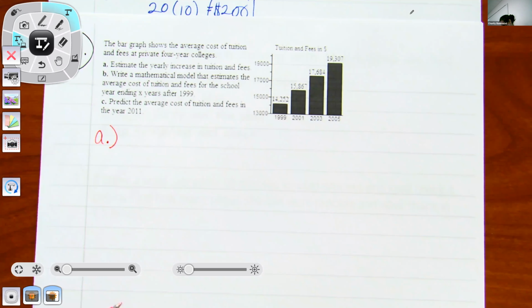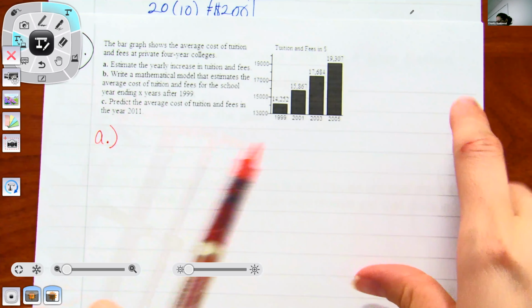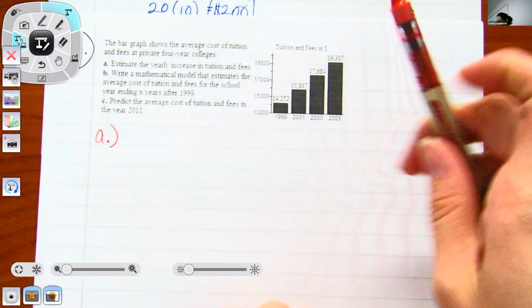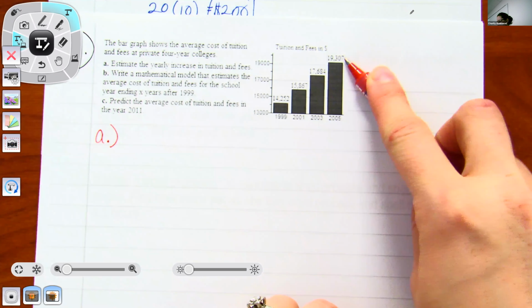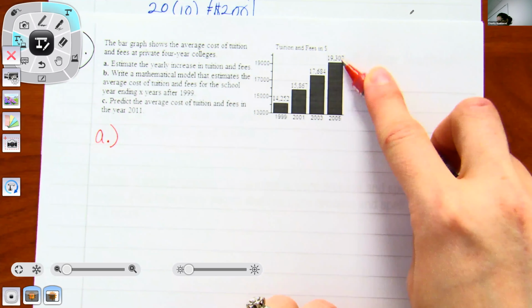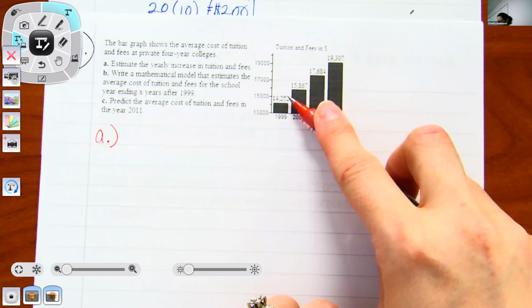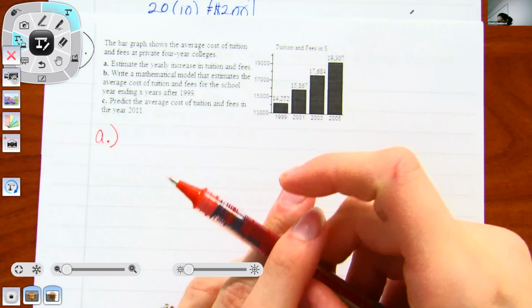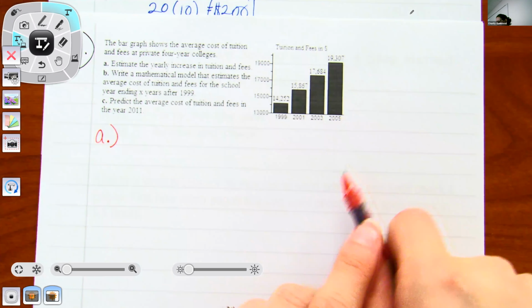So no matter what you do, it's going to be an estimate. What they would want you to do is take the later amount from 2005 minus the earliest amount they gave you from 1999, and then divide that by the number of years from 99 to 2005.